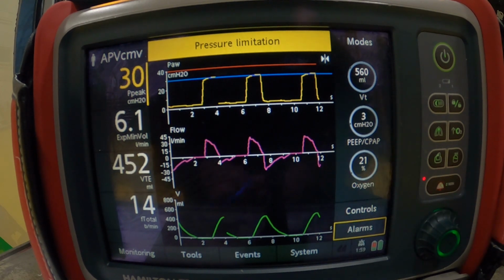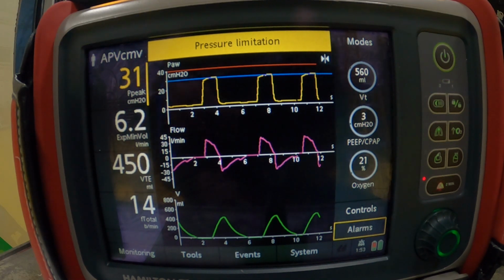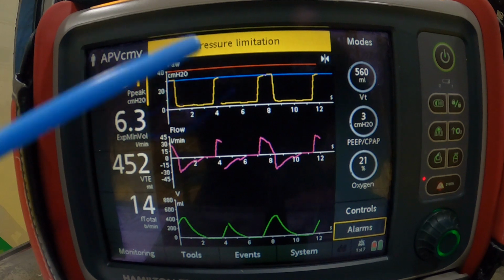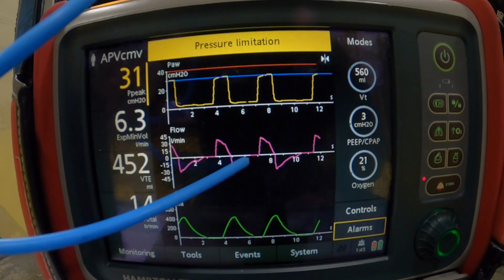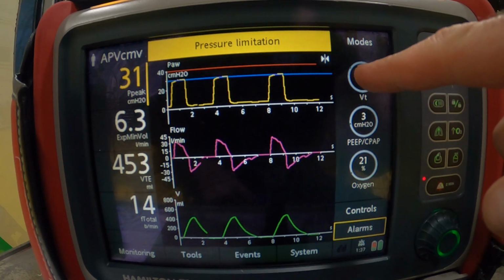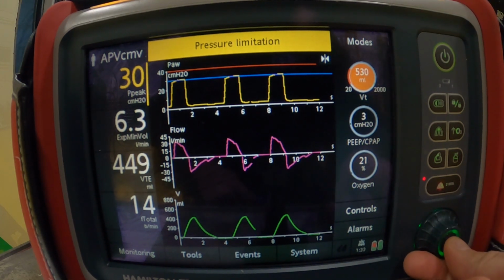With the APV-CMV, like I said, your pressure plus your PEEP is your peak pressure. We're not trapping air, so it's doing a good job timing itself here. We can decrease this tidal volume even more since we're over pressure.